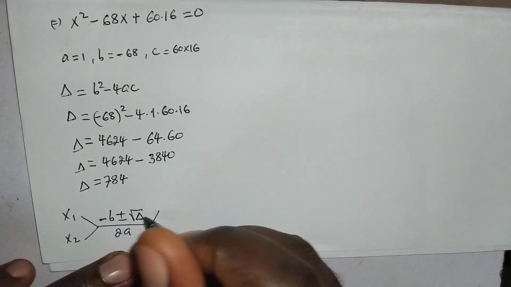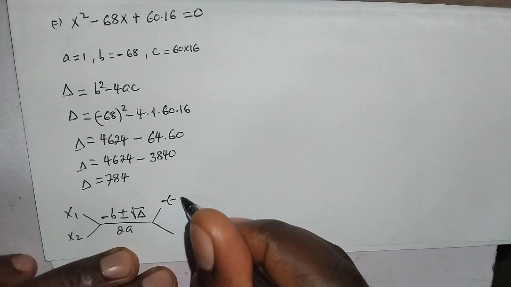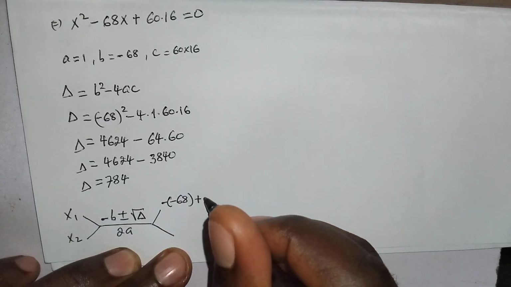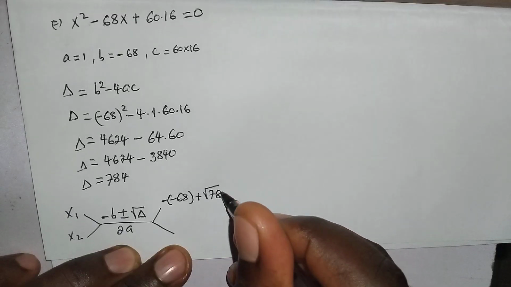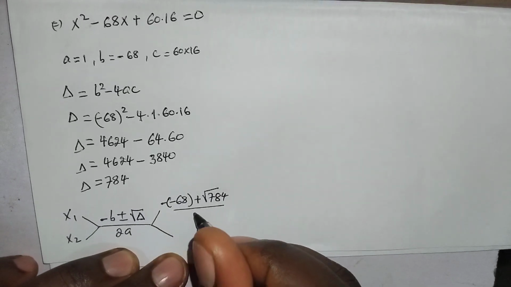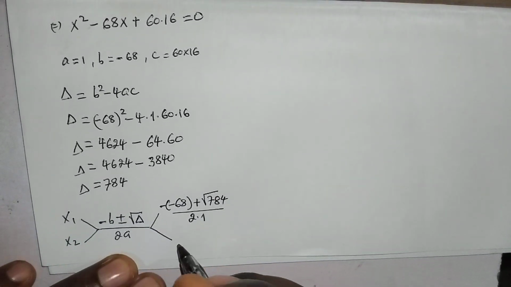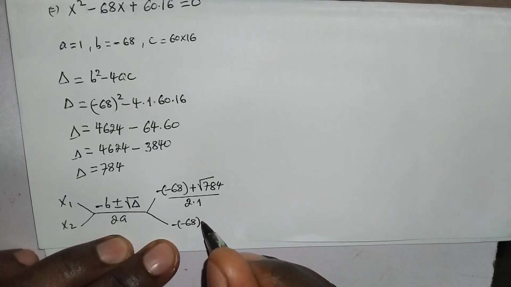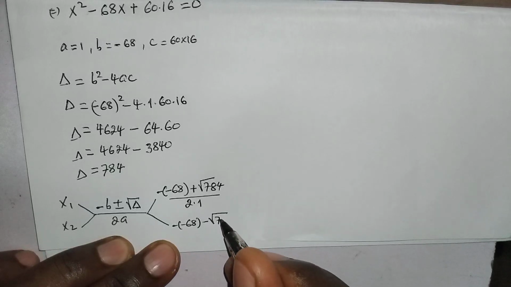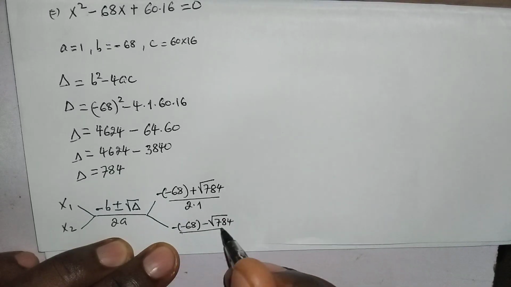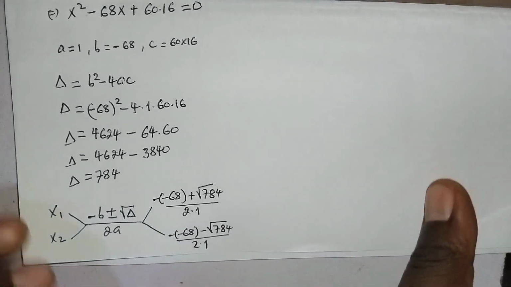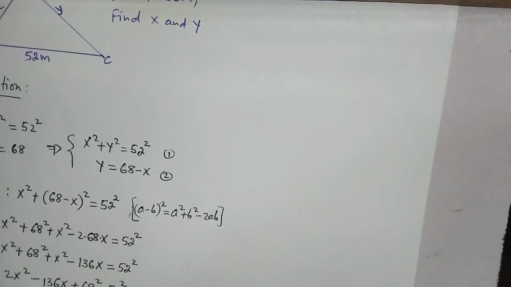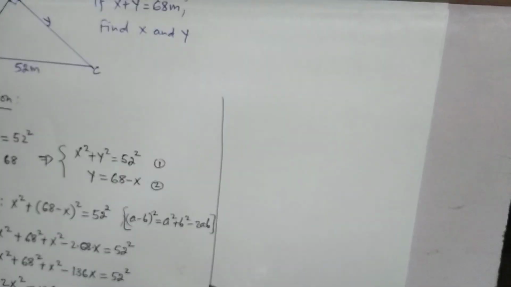Here x1 is equal to negative b, negative 68, plus square root of delta, square root of 784, over 2 times 1, and x2 is negative b minus square root of delta over 2 times 1. Yes, let's continue here.